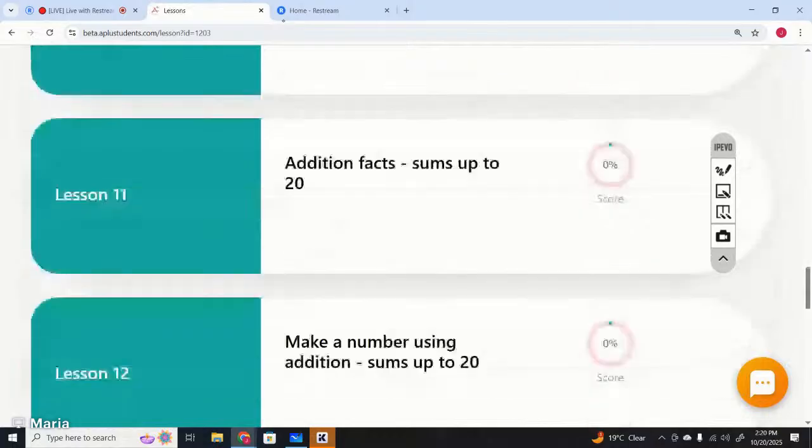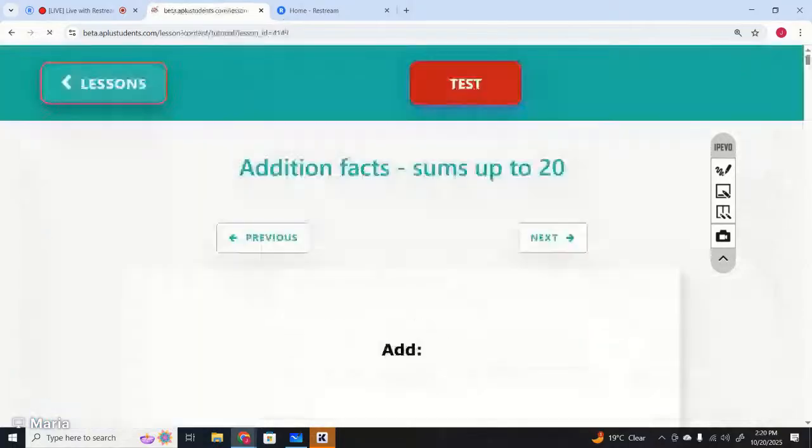Addition facts up to 20. Addition facts, sums up to 20.